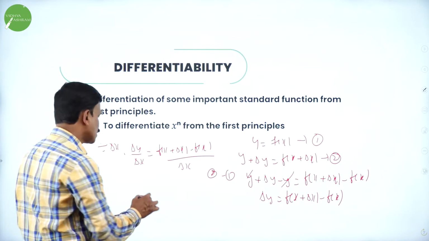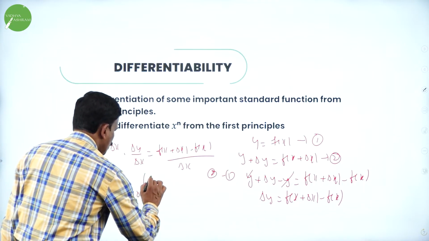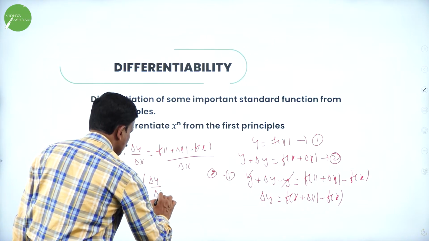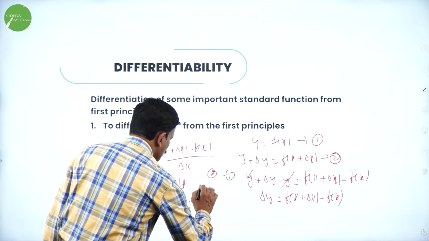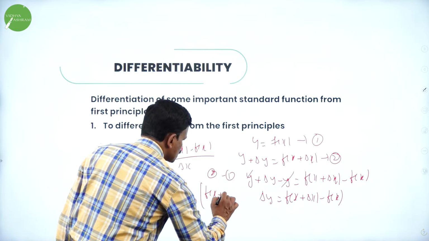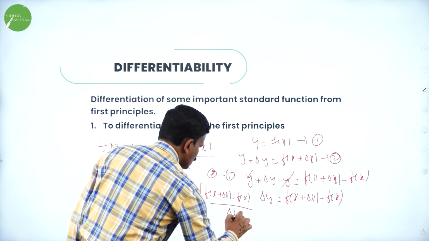Now taking the limit on both sides, limit delta x tends to 0 of delta y by delta x is equal to limit delta x tends to 0 of f of x plus delta x minus f of x divided by delta x.